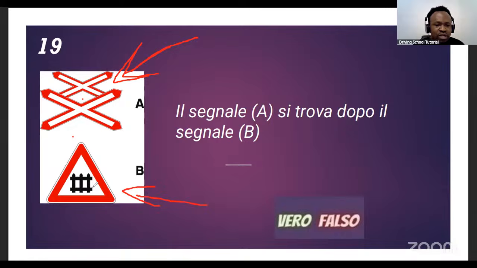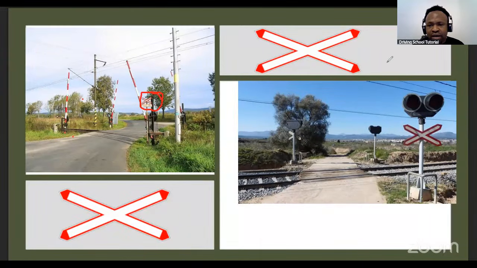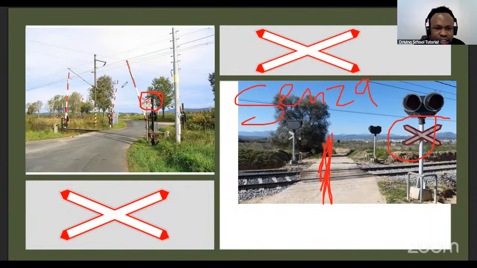And this one, you can find in passaggio a livello with barriers. For example, this is the cross here, Croce di Sant'Andrea. And this is it here. You see, this is passaggio a livello senza barriera. And this is passaggio a livello with semi-barriera. You understand?